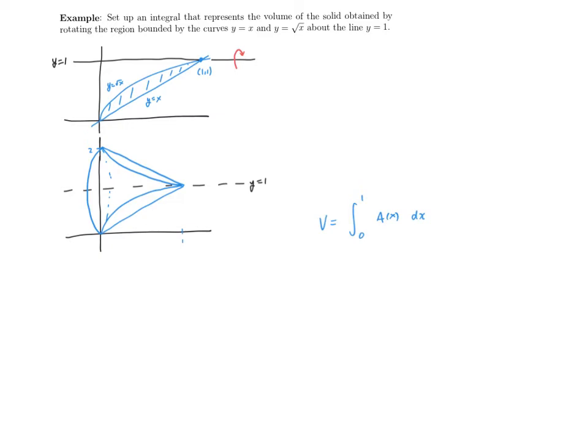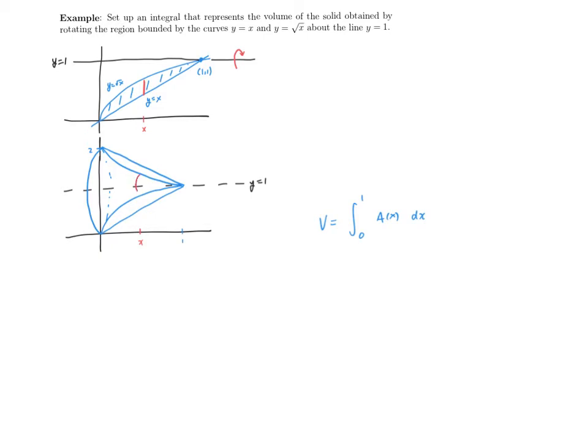And recall, we determine A of x by thinking of a value between 0 and 1, and what the cross-section would look like for this value of x. Now, note intuitively how we get this cross-section: we look at our region, and we think about this thin vertical line segment sitting above x. Rotating this line segment about the line y equals 1 would trace out that cross-section.